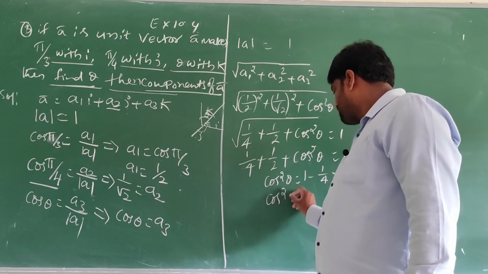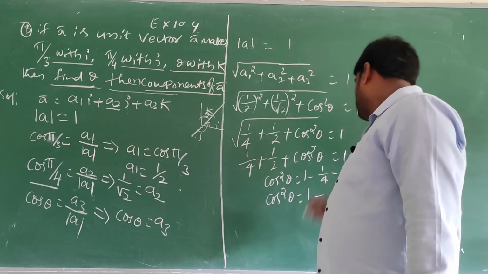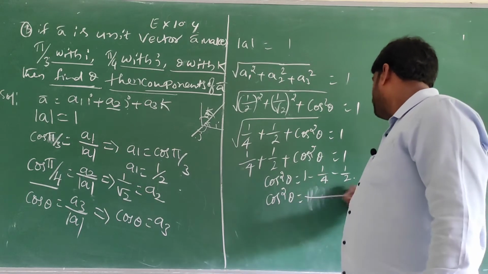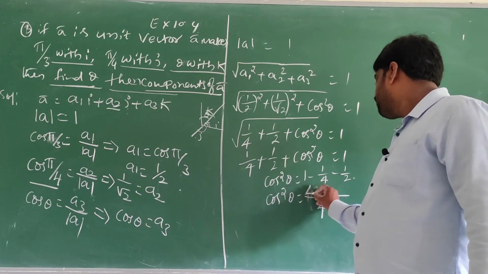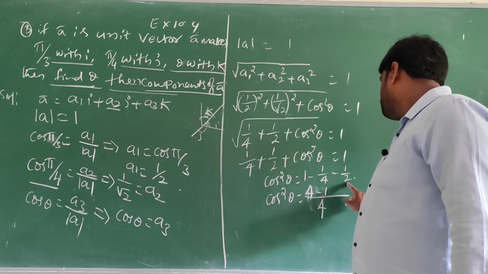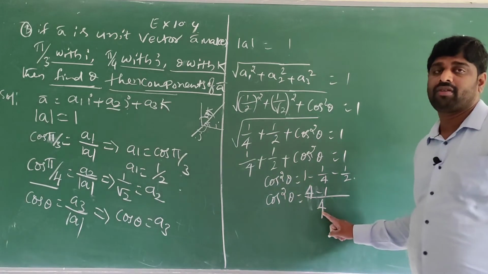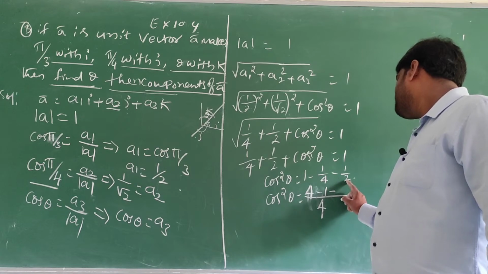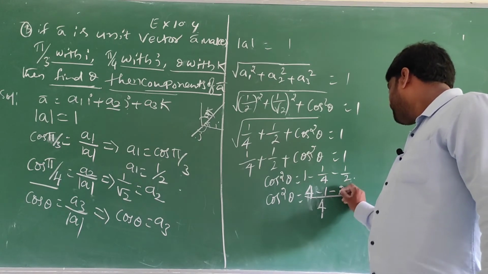That is cos square theta equal to 1 minus 1 by 4. Here LCM is 4. 4 minus 1, minus 2.